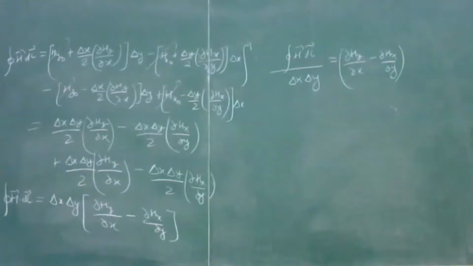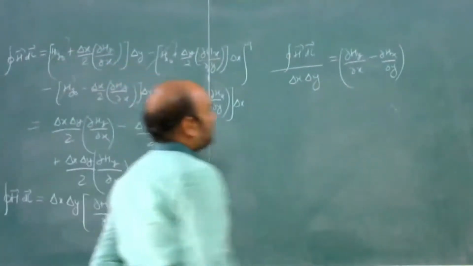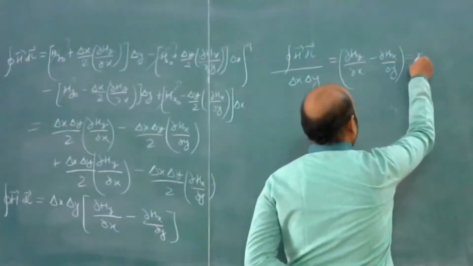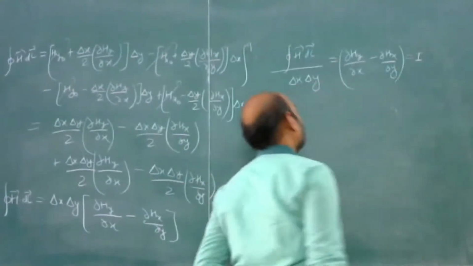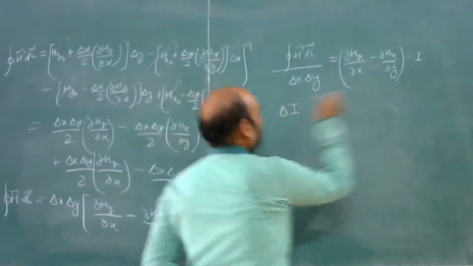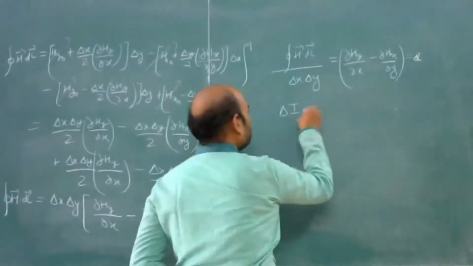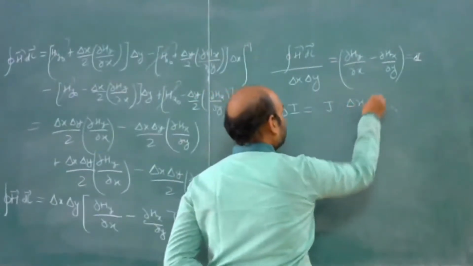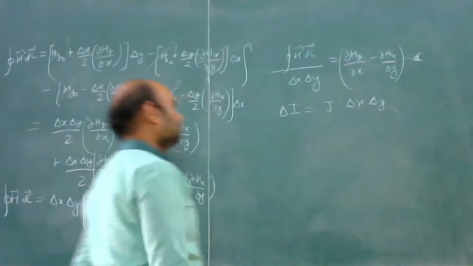And also we know that this is equal to I. And delta I is equal to J into area, that is delta x into delta y.